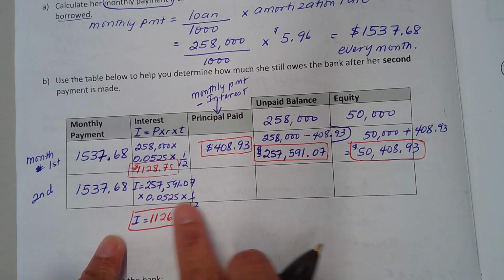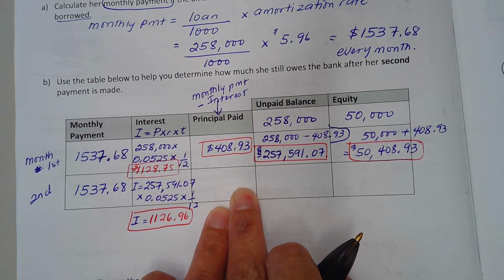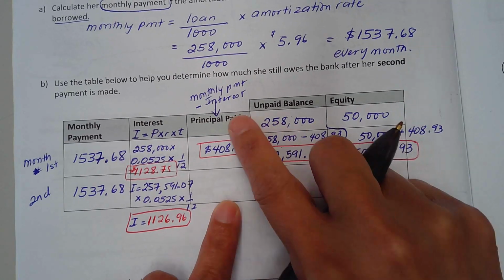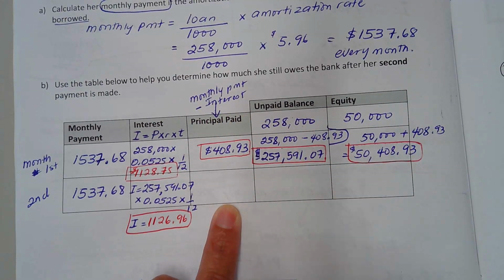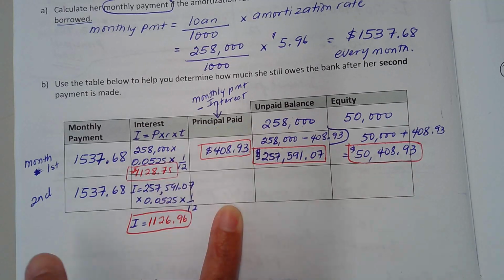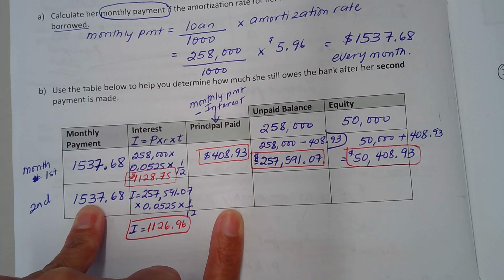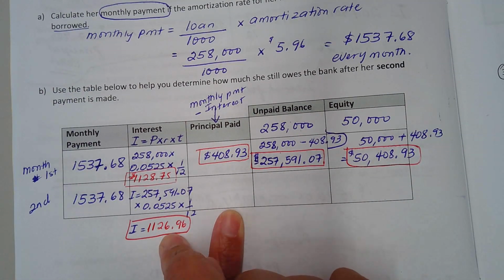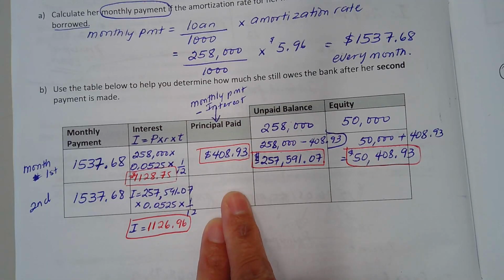$1,126.96. How much is the principal paid? $410.72. So how did we figure that out? Minus the interest from the monthly payment. So the principal paid, how much you paid in a month, remember, some part of that went to the interest, the remaining is towards the principal.